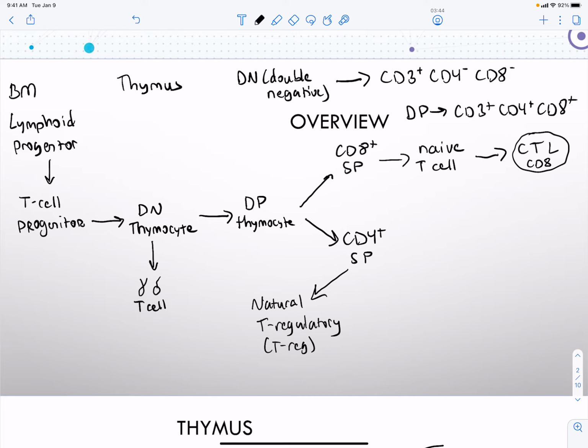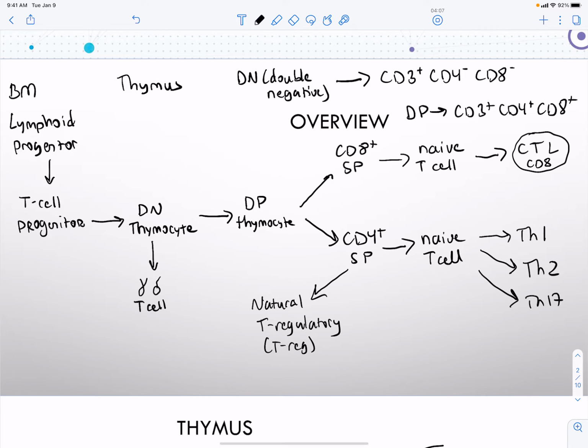And the CD4 T cell can also become a naive T cell, and then it's going to become eventually a helper cell. It can become a Th1 helper cell. It may become a Th2 cell. It can become a Th17 cell, or what we call an inducible T regulatory. And this occurs in the periphery.